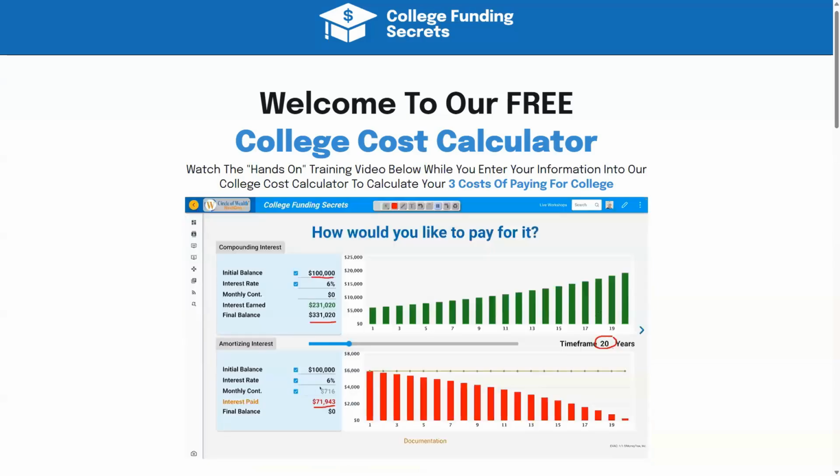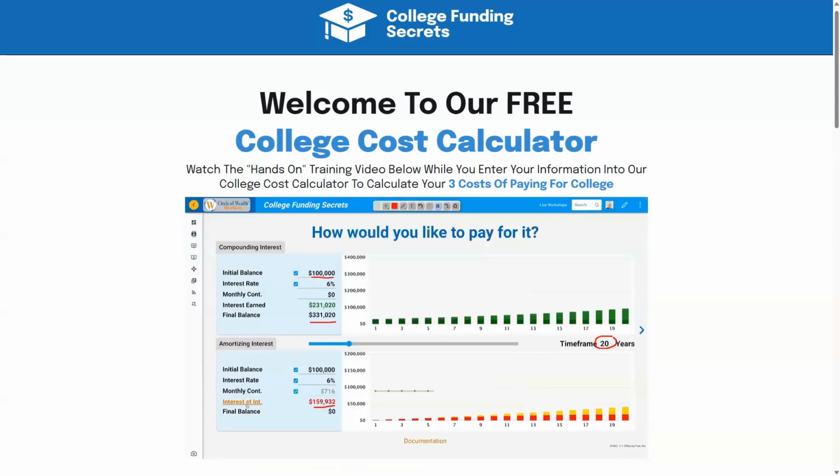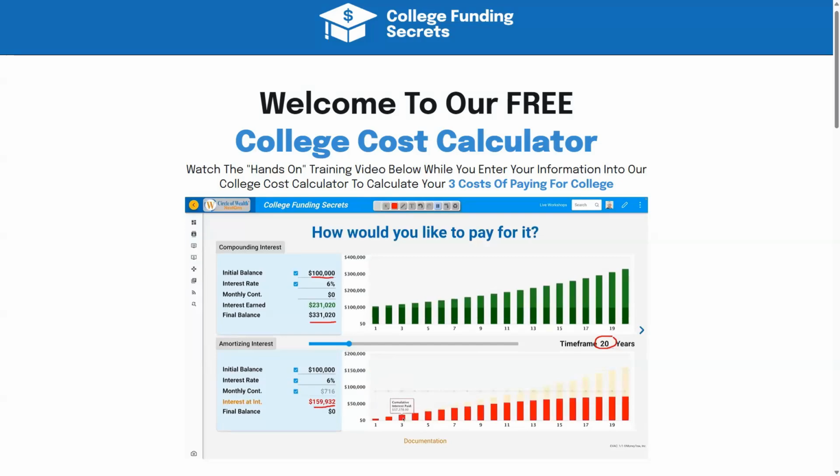Let's take a look. So if I click on this, we can see that now I have what we call cumulative interest paid. This is not the annual interest. This is the total interest that I'm paying over the years. Now, again, as I pay this interest over the years, that interest is not going up here into my savings.